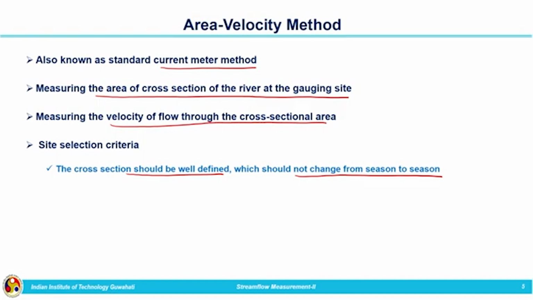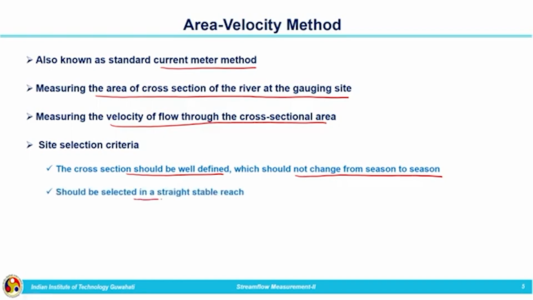It should not change from season to season. During monsoon season, sometimes some river cross sections will be changing. But in the case of matured rivers, they will have attained a stable cross section. In other cases also, the cross section should be selected in such a way that there are not many changes taking place in the cross section as season changes.